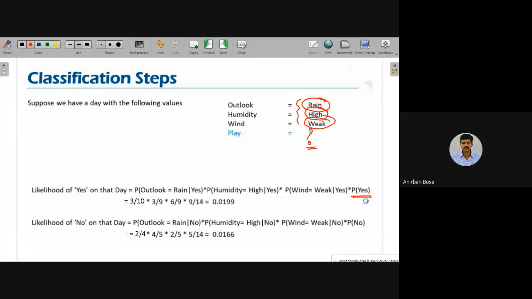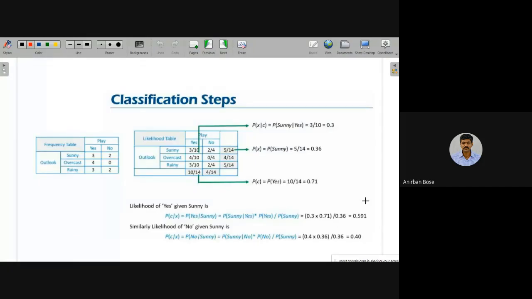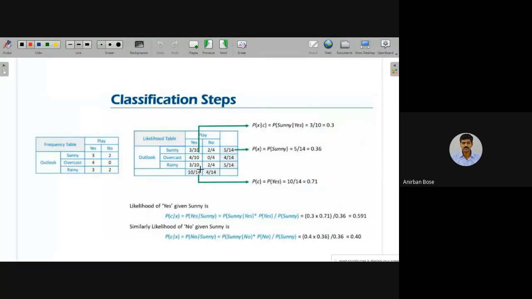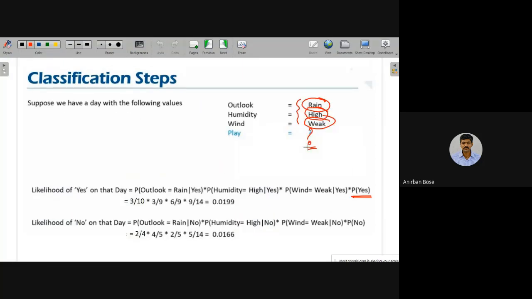That you can definitely find out, by taking the total number of yes and total number of no, because you know how many yes and how many no there are out of all, and you find the probability of yes. Similarly you know the probability of no. So the probability of yes is multiplied by each of these probabilities corresponding to yes.